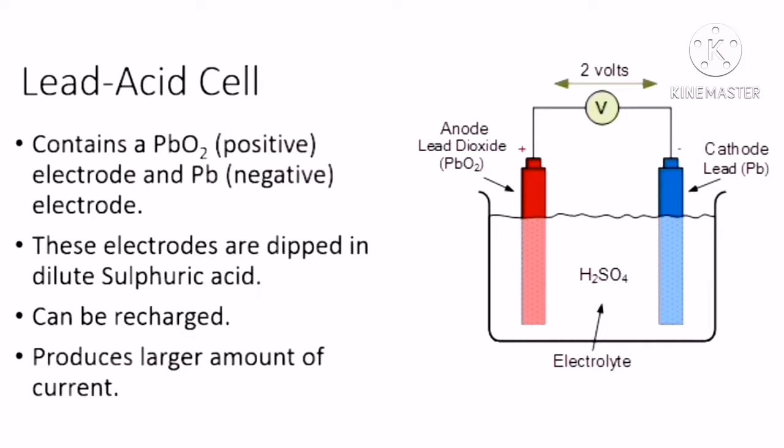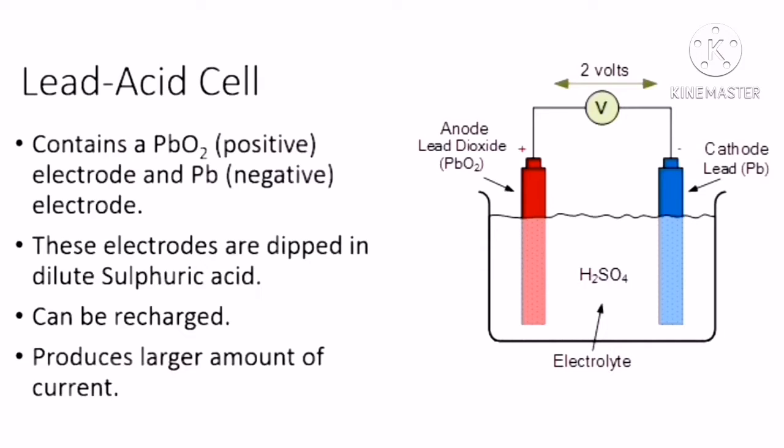In the electrolyte there are two electrodes. Look at the picture very carefully. You can see there is one red electrode and another one is blue electrode. The red electrode is the positive terminal, also called anode, and it is lead dioxide, with the symbol PbO2. Pb is lead and O2 is oxygen. Now see the blue electrode.